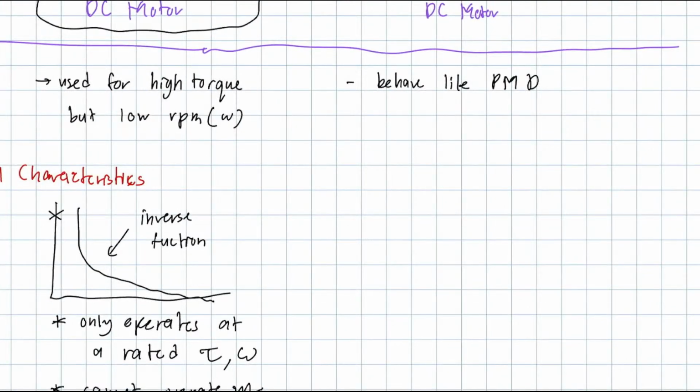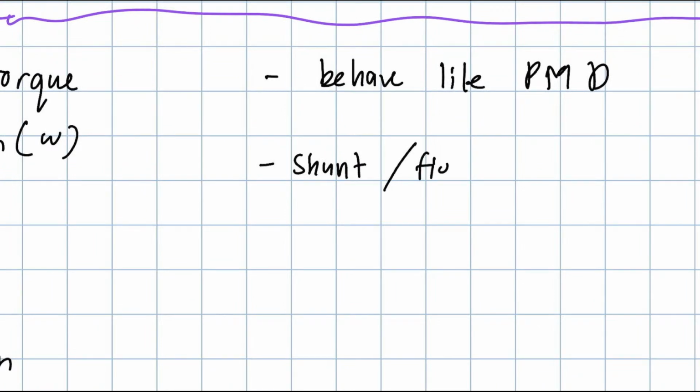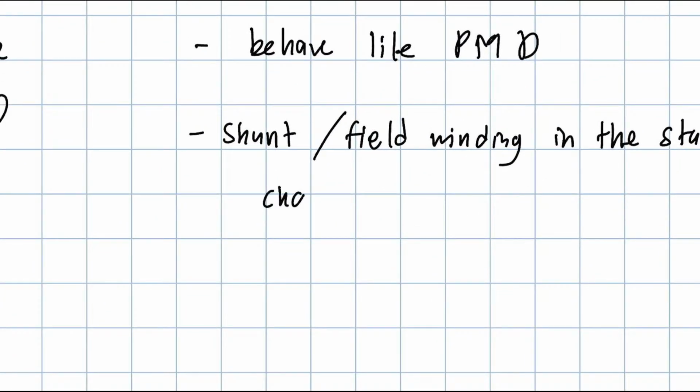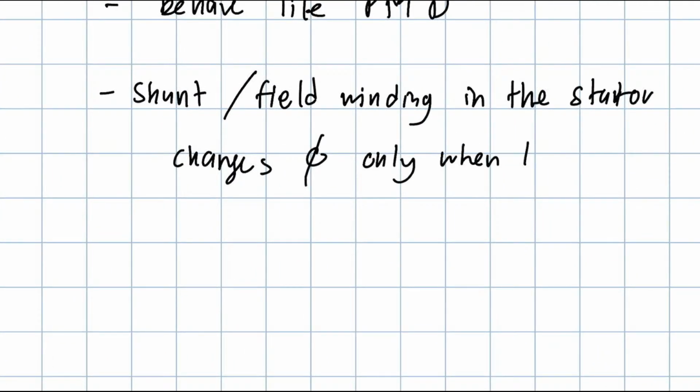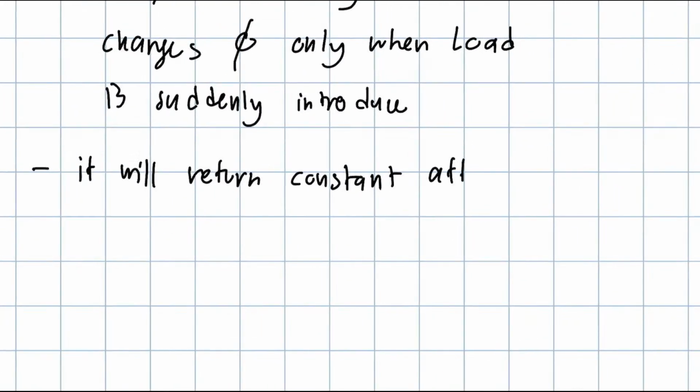Sebab the only thing beza dengan DC motor, dia ada shunt ataupun field windings in the stator changes phi only when load is suddenly introduced, and then it will return constant after a while.